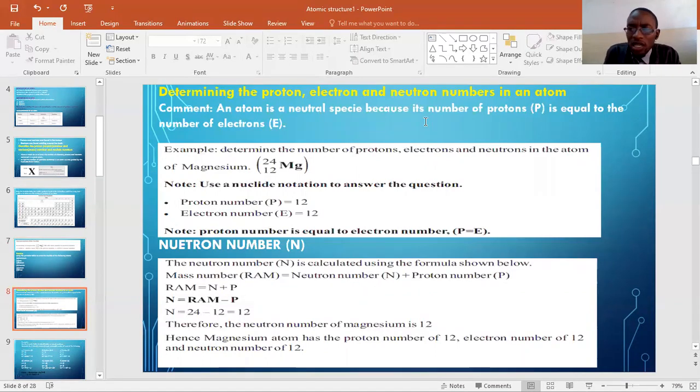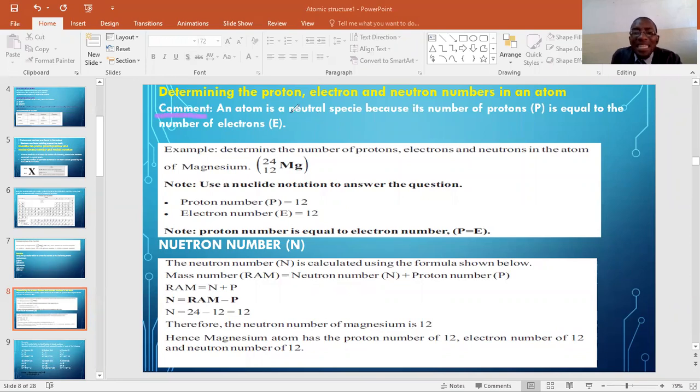How many electrons are there? How many neutrons are there? That is basically our next task. So the key thing to remember before we even start the calculations is emphasized in this comment.